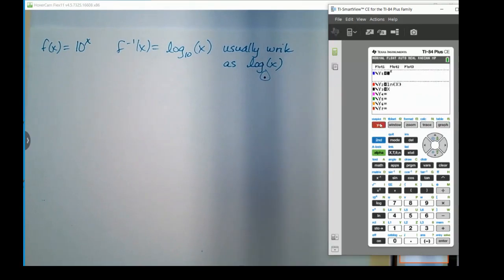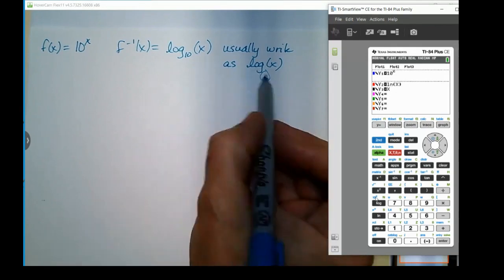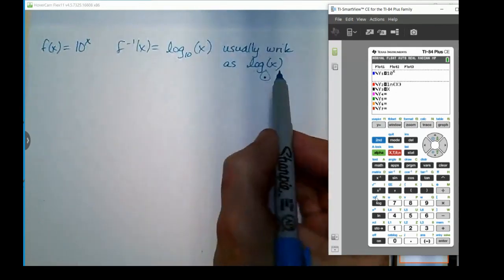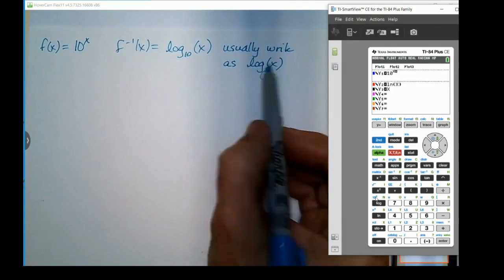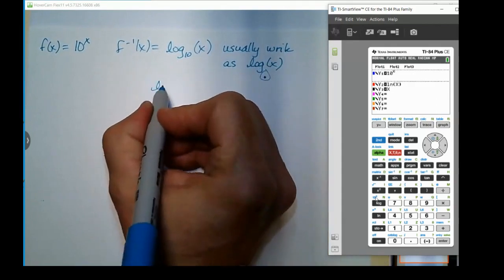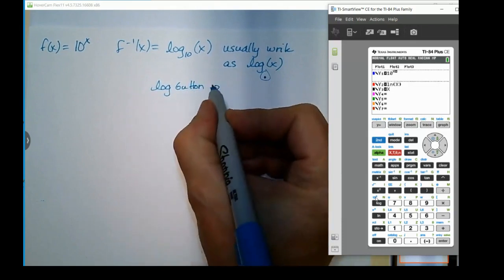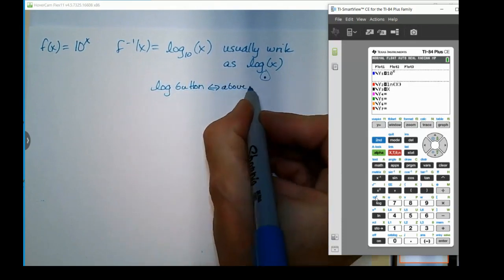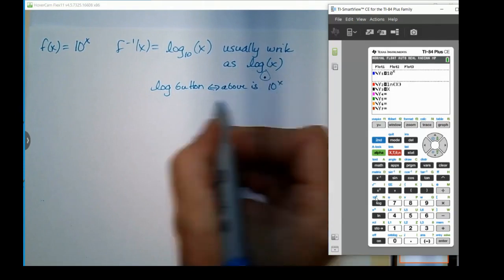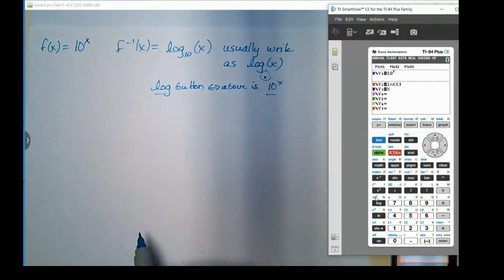If we wanted to do the graph of these two functions, now I did the 10 to the x that way, but if you look at your log button, you can see that above that there's a 10 to the x. So this is another place your calculator can help you remember which function this is connected to, because above the log button on your calculator is 10 to the x. That's because those two are inverses of each other.